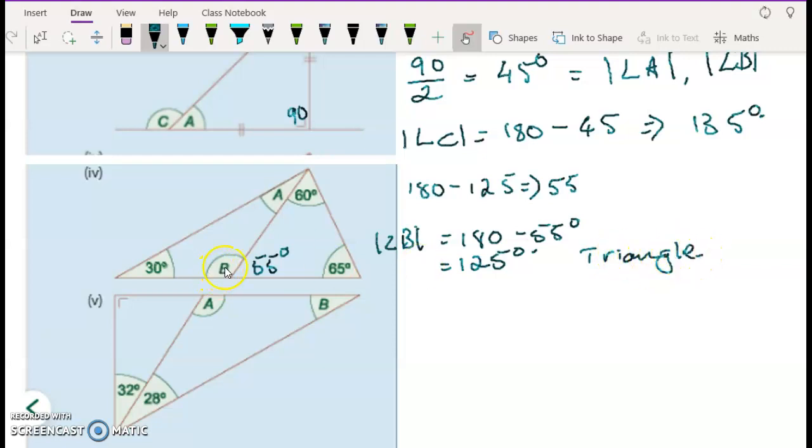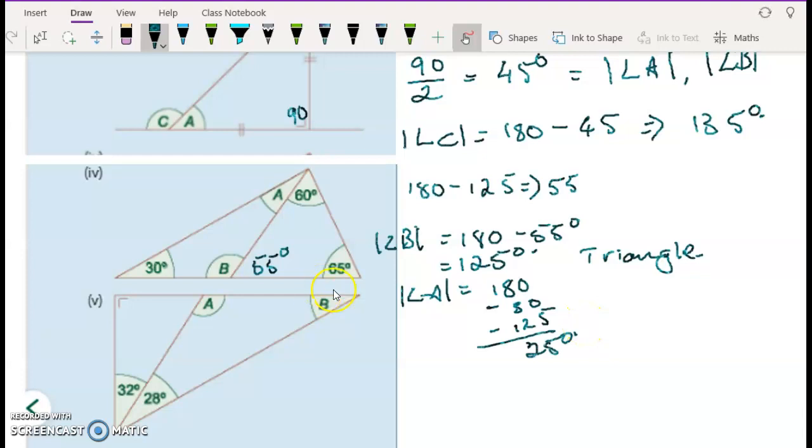Okay, and then angle A is going to be 180, take away 30, take away 125. So angle A is equal to 25 degrees.